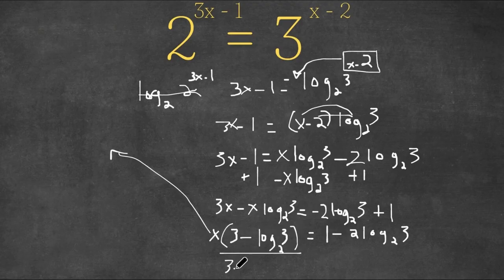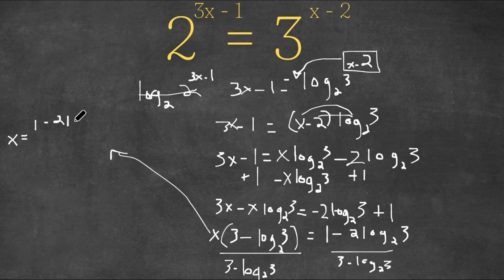So if we divide by this on both sides, we get that x equals 1 minus 2 log 3 over 3 minus log subscript 2, 3.